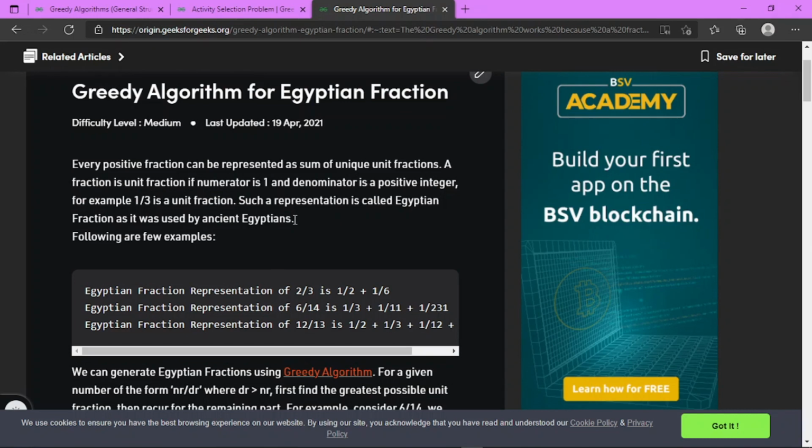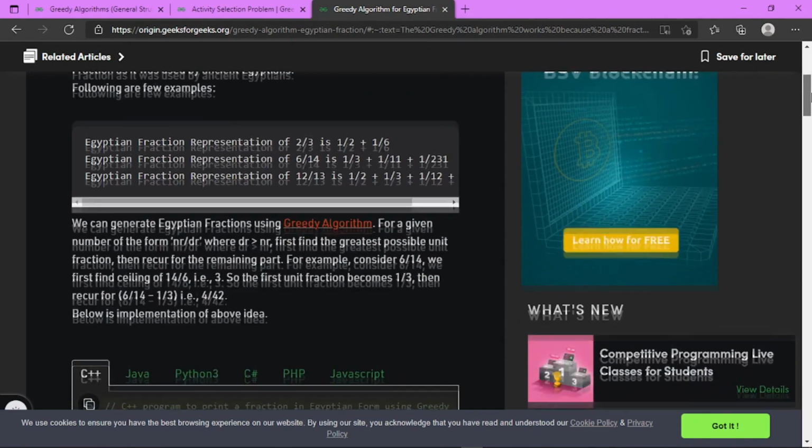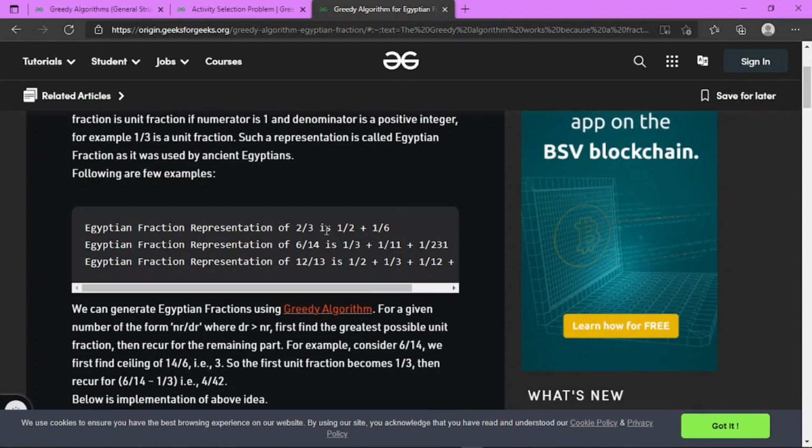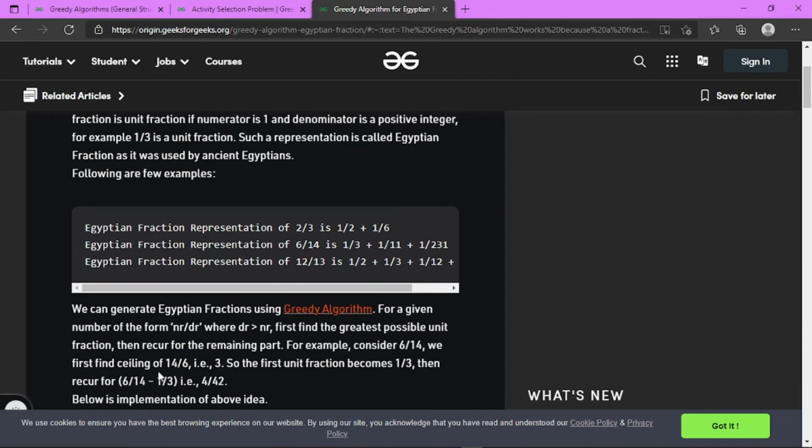This problem is the Egyptian fraction problem, and it can be solved using the greedy approach as well. If we are given a fraction, we swap the numerator and denominator, find the result, then swap again the numerator and denominator and subtract from the original fraction, and we get our result.